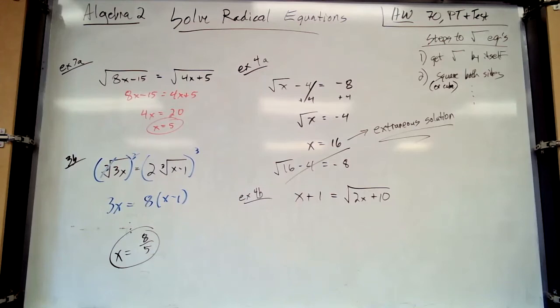Wouldn't you want to move the x over first? So the first step in radical equations is to get the radical by itself, which it is, and then square both sides. So you can't solve for x yet because one of the x's is trapped inside of that radical.